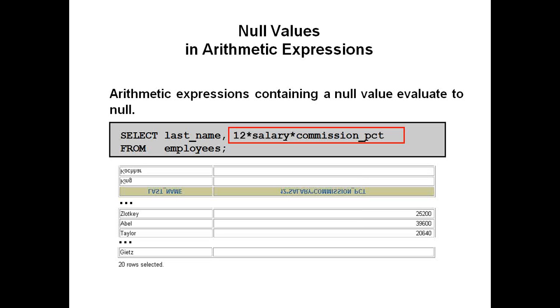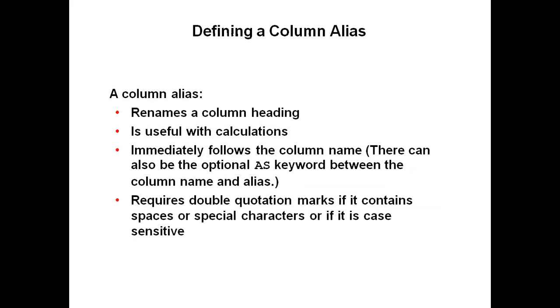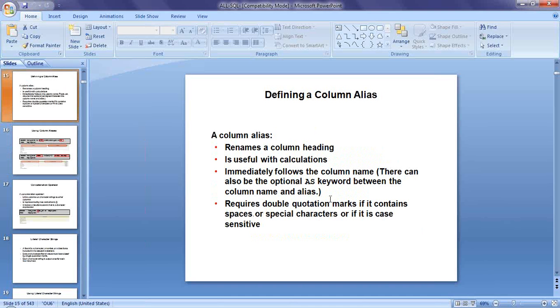Or if you are adding or dividing any null value to some other value, even in that case it will result in null. So any operation that we perform on a null value will result in a null value.